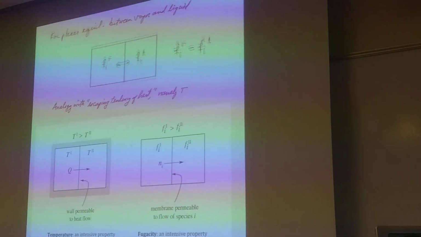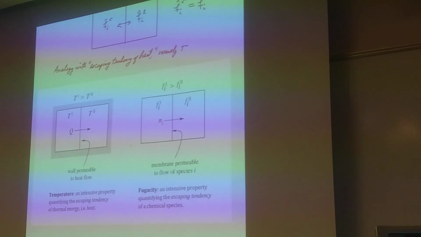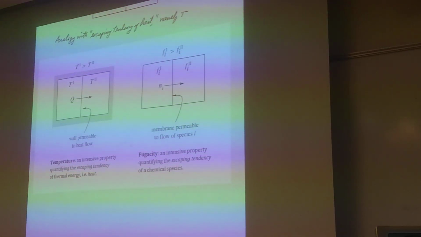And let's look at, I think, a useful analogy for you. If fugacity is the escaping tendency of a component I to go from one system to another across a boundary which is permeable to it, then I've drawn that picture here, and we'll have transfer from the left to the right if the fugacity of that component in the left chamber is higher than the fugacity of that component in the right-hand chamber.